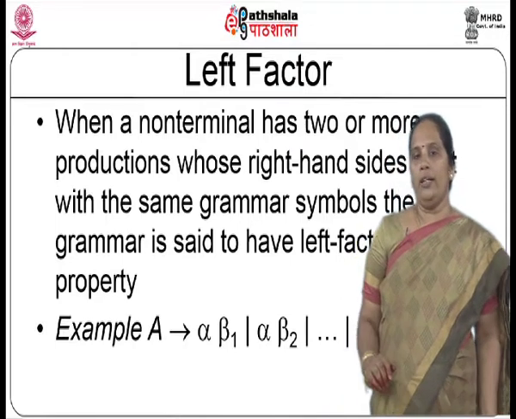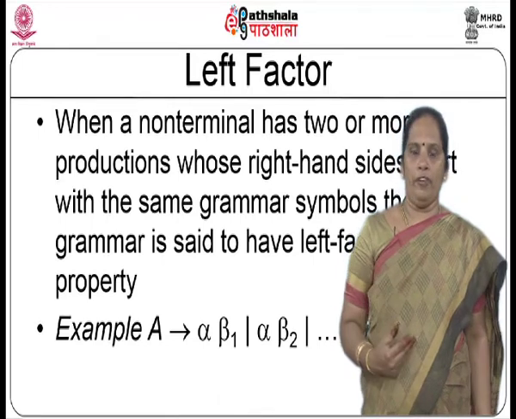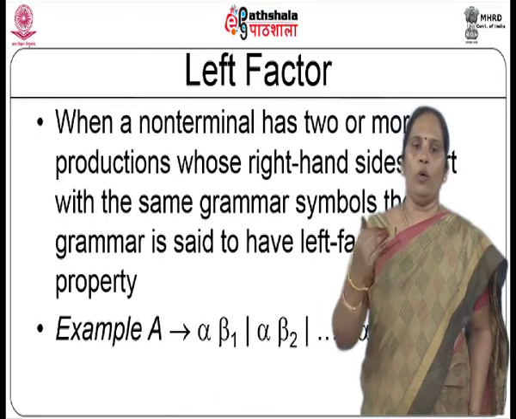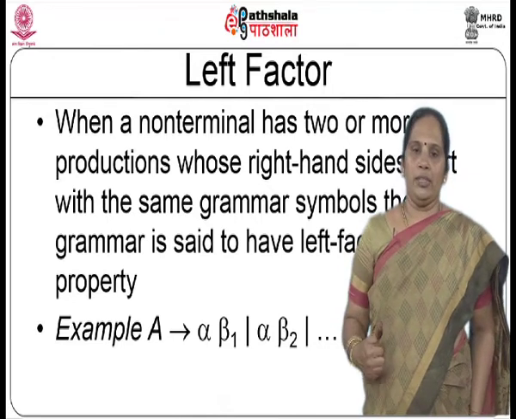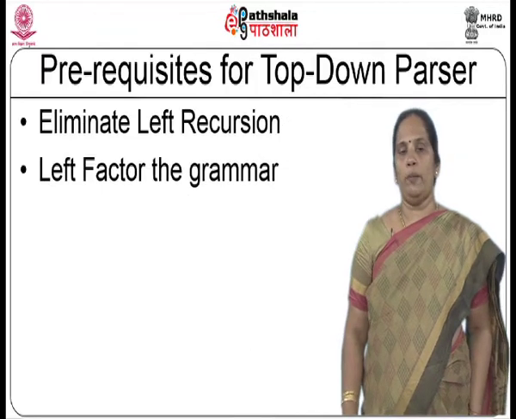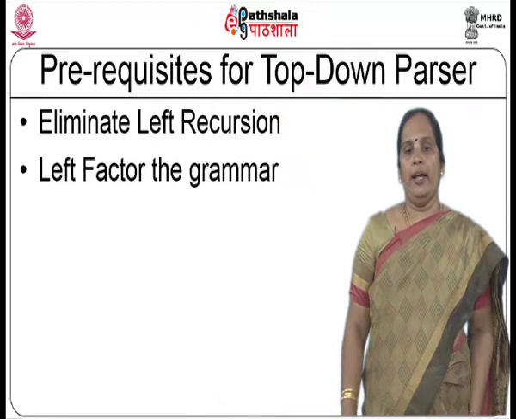Now, the order is you first remove left recursion and then check the modified grammar. If it has a left factor problem, then you remove it, else you can go ahead with constructing the parsing table. So, those are the first 2 steps. These are the 2 prerequisites. First is left recursion elimination, next is left factoring the grammar.